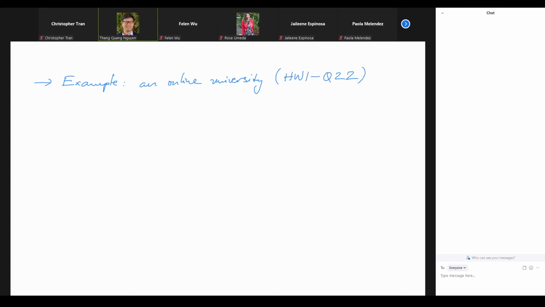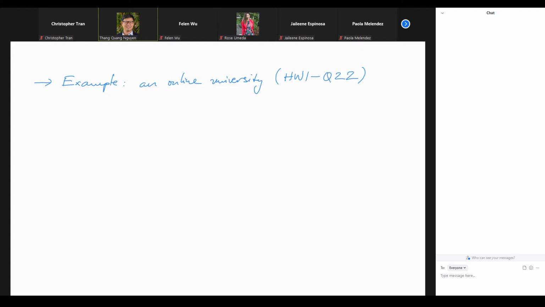Okay, so for any university, you have to apply, you get admitted, and then you register, or enroll in the university. So that's a starting point. This is the same for this online university.